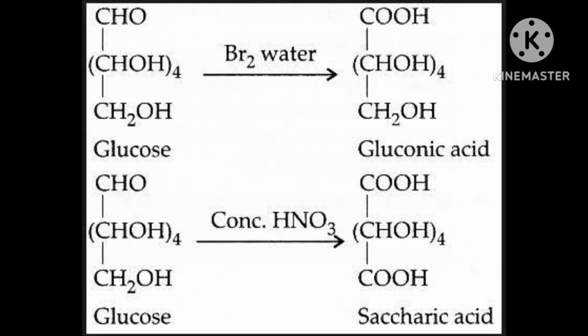Here I am pointing out an important thing. The middle carbon has joined with all different groups: one side H, other side OH, upside CHO and down CH2OH. No group is same. All four are different. This is the dextrorotatory, positive one, with H on the left side and OH on the right side.